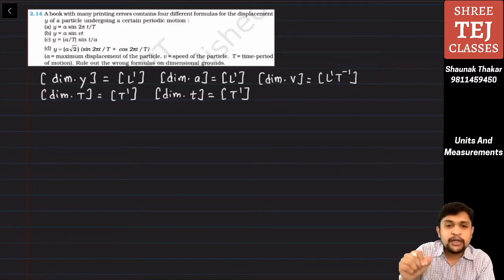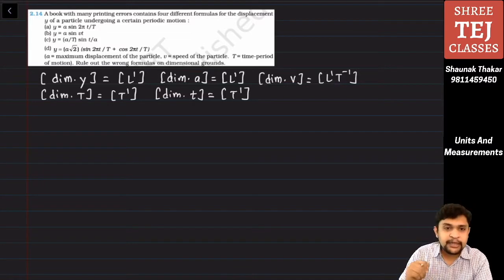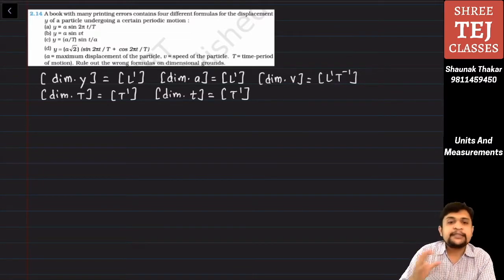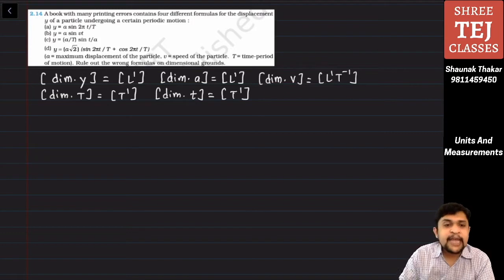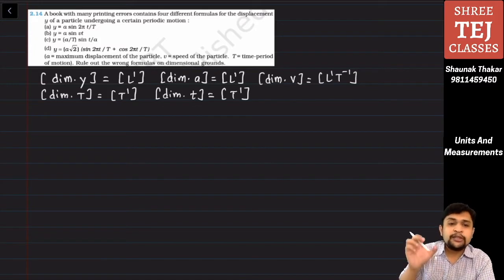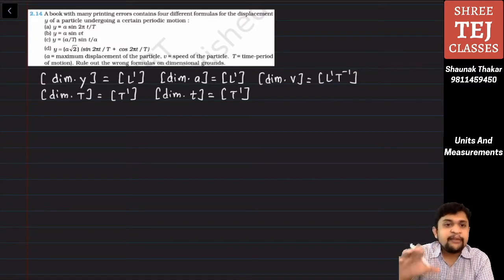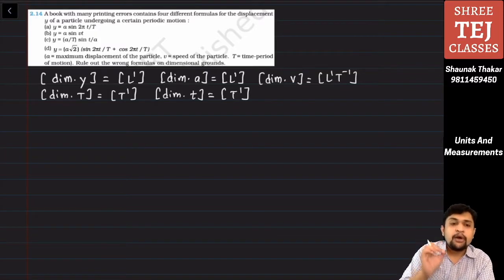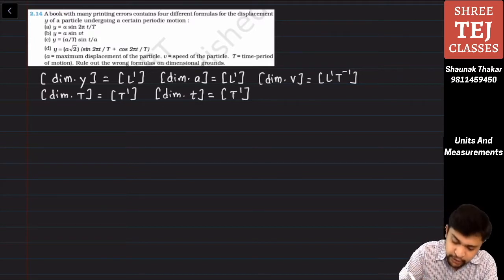Angle does not come under any of the 7 fundamental quantities. It is a supplementary quantity, so it is dimensionless with respect to the fundamental quantities. Okay, so sine of the variable that we will take, that has to be dimensionless. So first we will check of which value we are taking sine or cos, and then we will verify whether the equation is homogeneous or not.